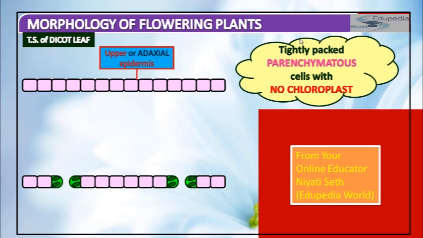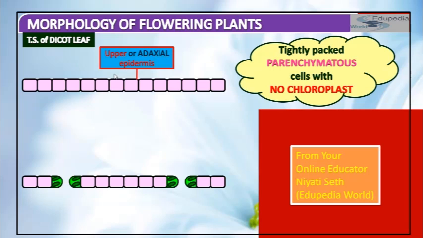These epidermis are made up of parenchymatous cells with no chloroplast in them, and these cells are very tightly packed. The epidermis of a dorsiventral leaf is in two layers, one on each surface of the leaf. Both the layers are composed of compactly arranged barrel-shaped cells.